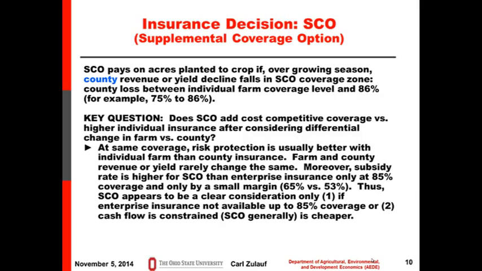Second point, the subsidy rate at which the government or the public subsidizes SCO insurance is 65%. Now that's a very good subsidy rate, but that subsidy rate is smaller than the commonly purchased enterprise insurance at all coverage levels up to and through 80%. It is only at 85% coverage that the subsidy level for SCO is greater than the subsidy level for the individual farm enterprise insurance.